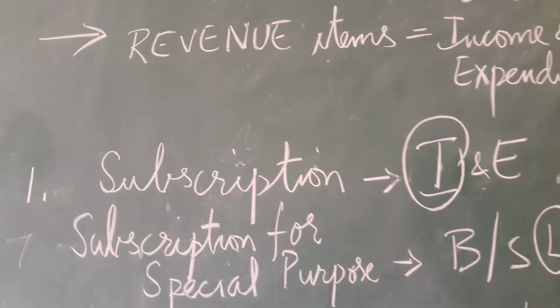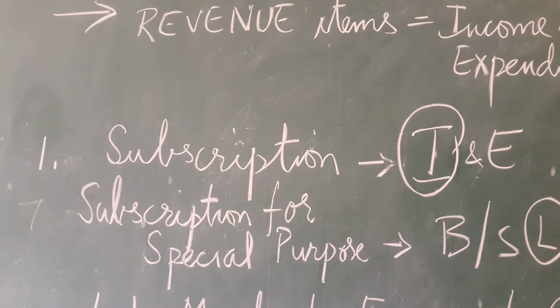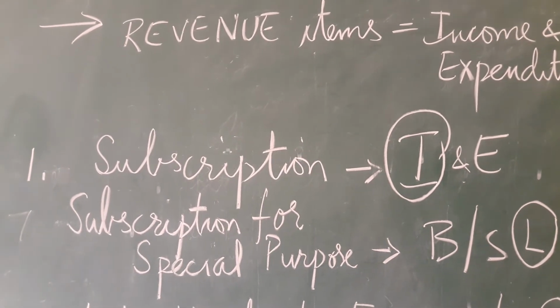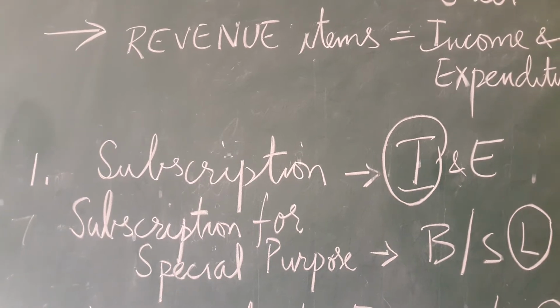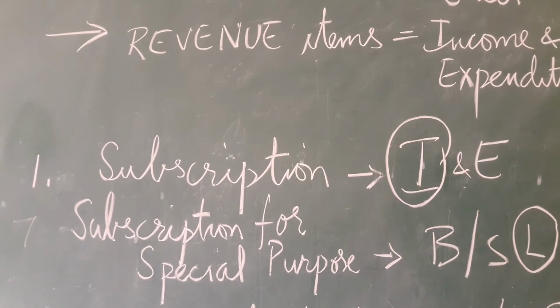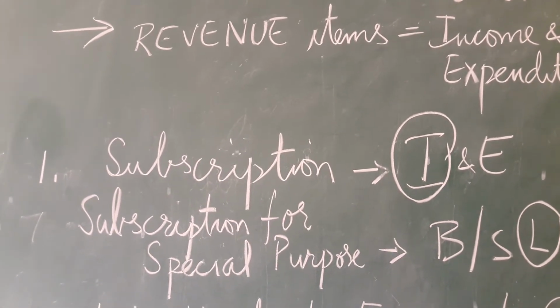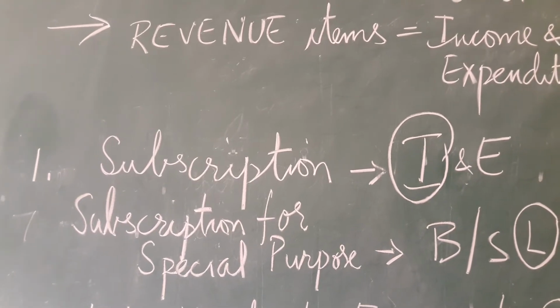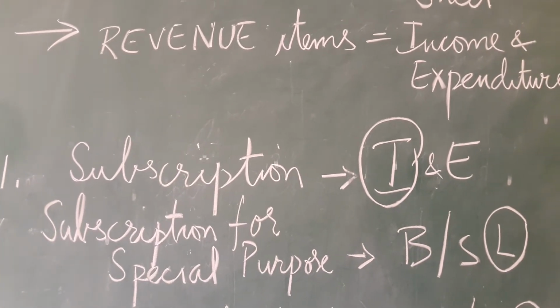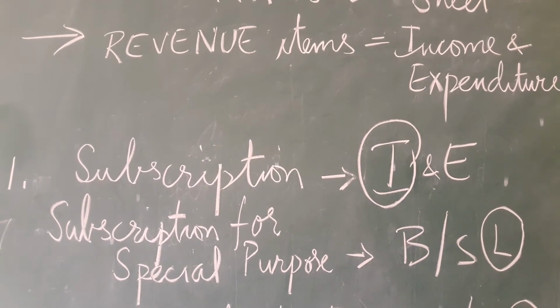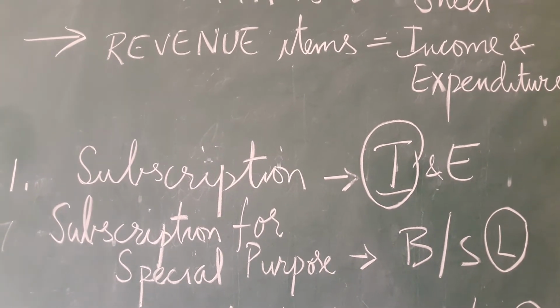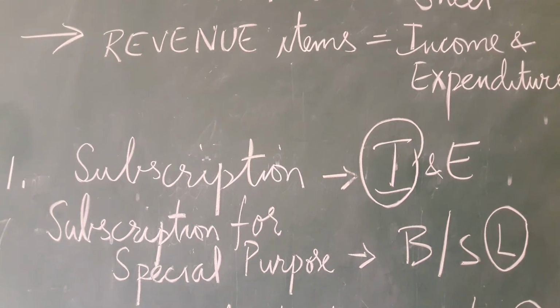But there's a twist. If subscription is meant for a special purpose, the purpose is mentioned there, or it is written subscription for this specific purpose, then it will not be shown in the income and expenditure account. It will be shown in the balance sheet on the liability side.